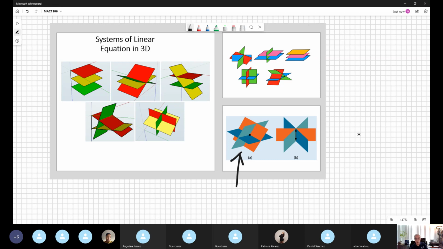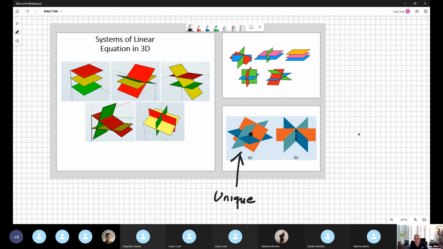To be a solution, we need common points. This one is a typical unique solution, because the planes are not necessarily perpendicular, but we have only one common point between the 3 planes.